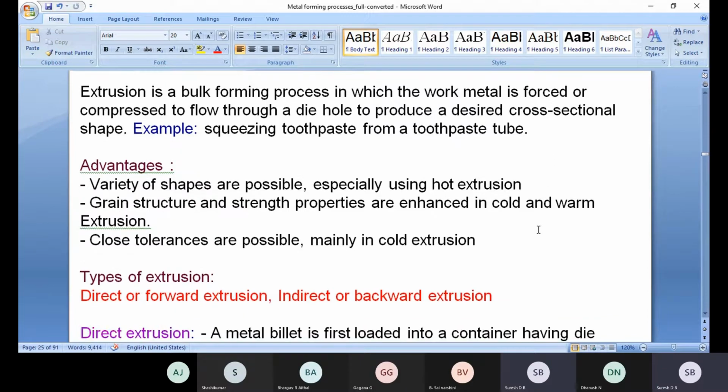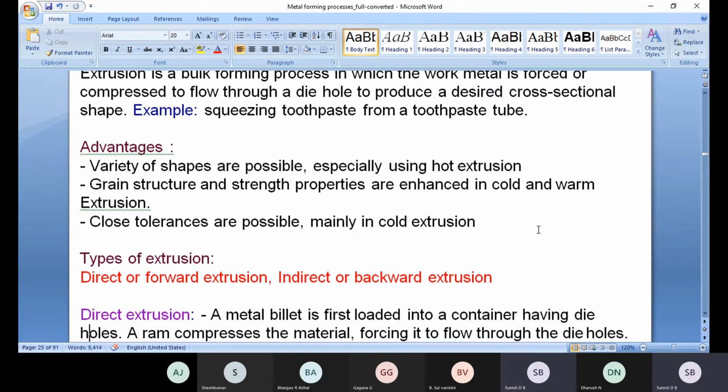Some advantages of the extrusion process: a variety of shapes are possible, and intricate and irregular shapes can easily be manufactured. For intricate and irregular shapes, you go with the extrusion process, and for longitudinal tubes, medical tubes, or toothpaste tubes, you go for cold extrusion.